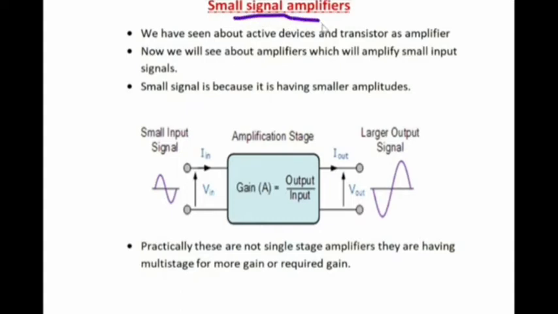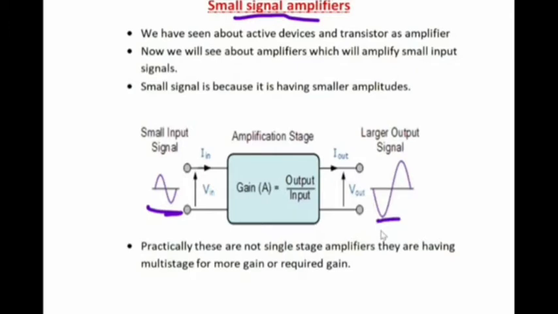The name indicates small signal. A small signal is nothing but a signal having less amplitude, that is, microvolts or millivolts at the input side. It has a very low voltage at the input and gives a high voltage, that is, high amplitude, at the output.